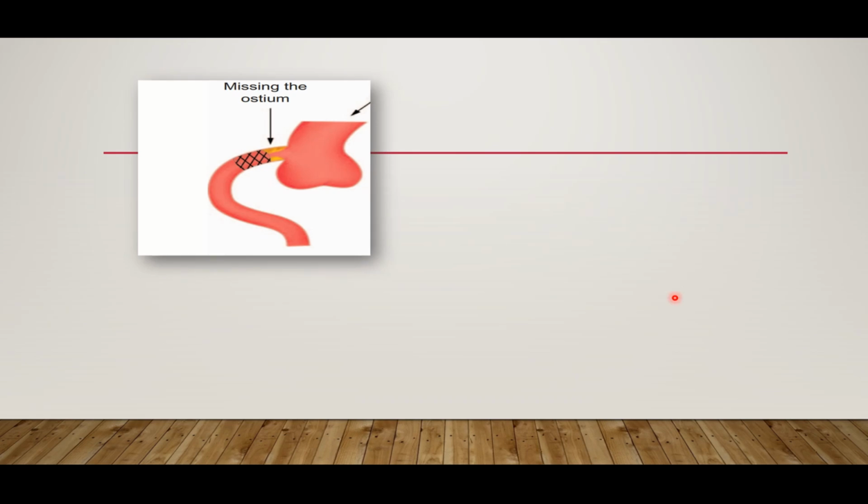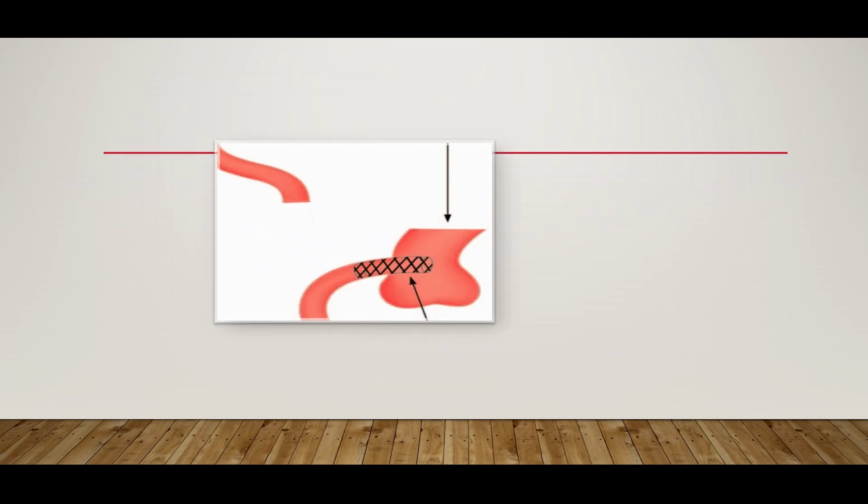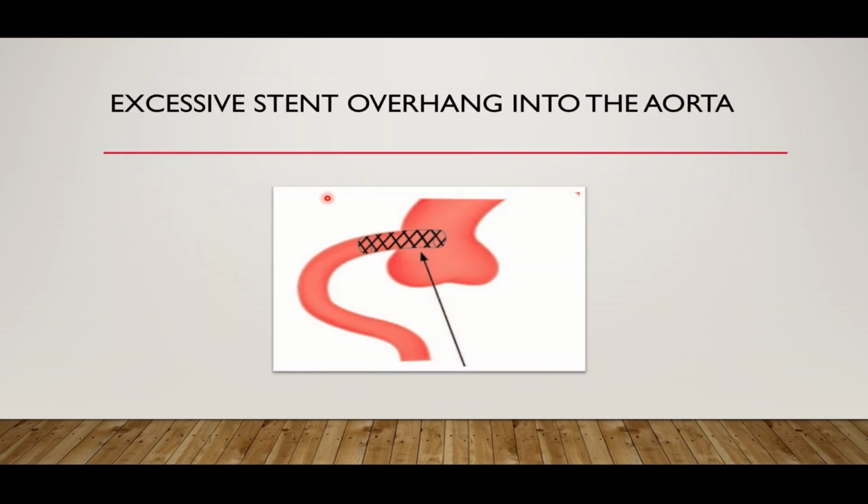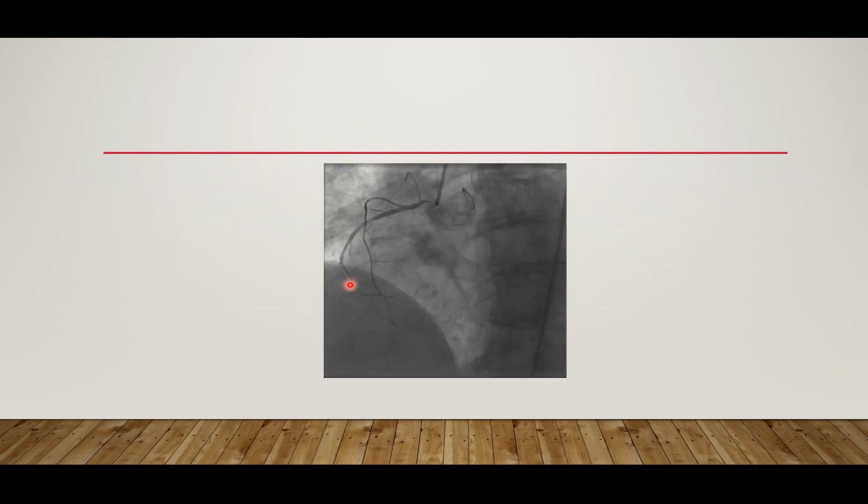Other than the pressure dampening and subsequent ischemia, you may miss the ostium. Secondly, the stent may have excessive overhang into the aorta. Of course, this will lead to many problems, such as inability to re-engage again. So it is really complex.